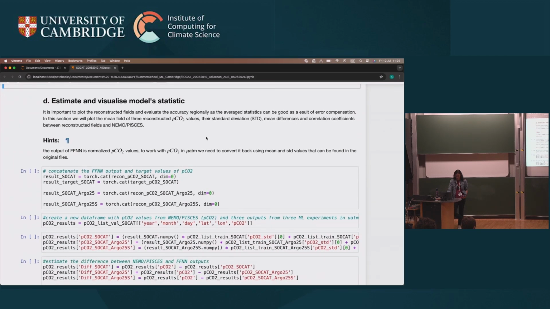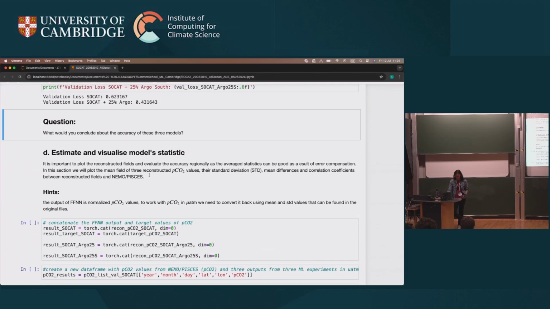Just see that I wrote a hint here. As I said at the beginning, all our data drivers and also targets were normalized. Now when we go back and want to visualize, we don't want to visualize this normalized pCO2, because we can't understand what it is exactly.